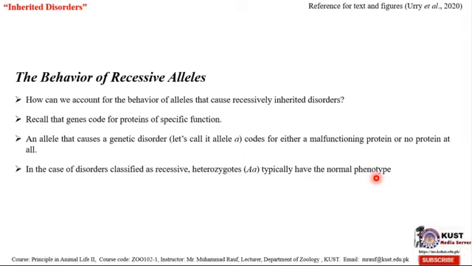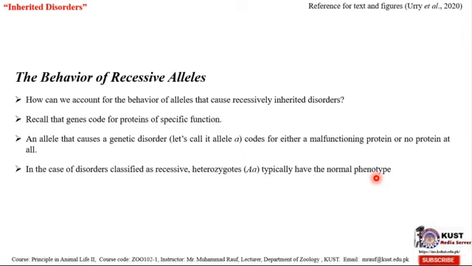Recessive genetic disorders will only be expressed if both the alleles are defective. If one allele is normal and the other is defective, then such a person will be termed a carrier.